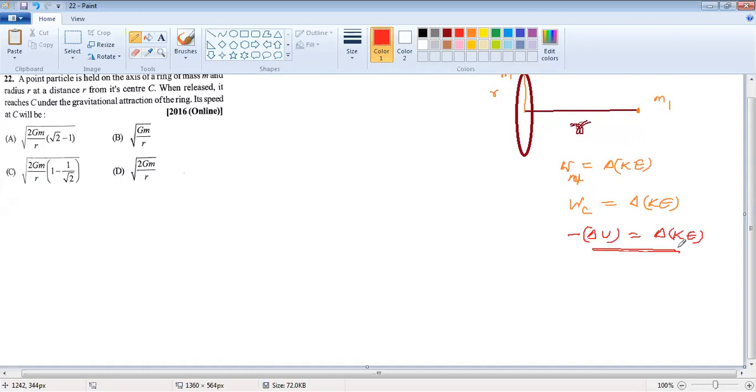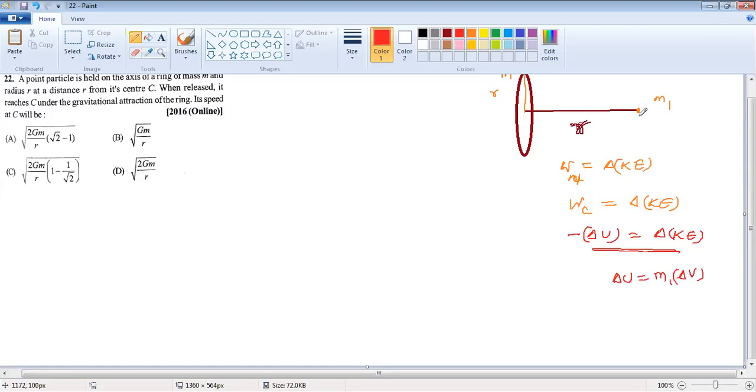So loss in potential energy equals gain in kinetic energy. Potential energy equals the mass we are moving, m1, into the change in potential.